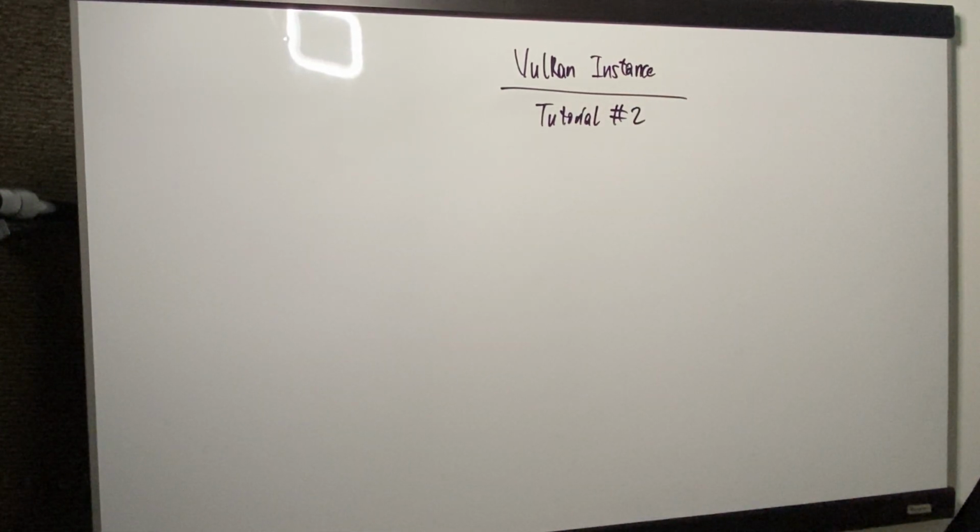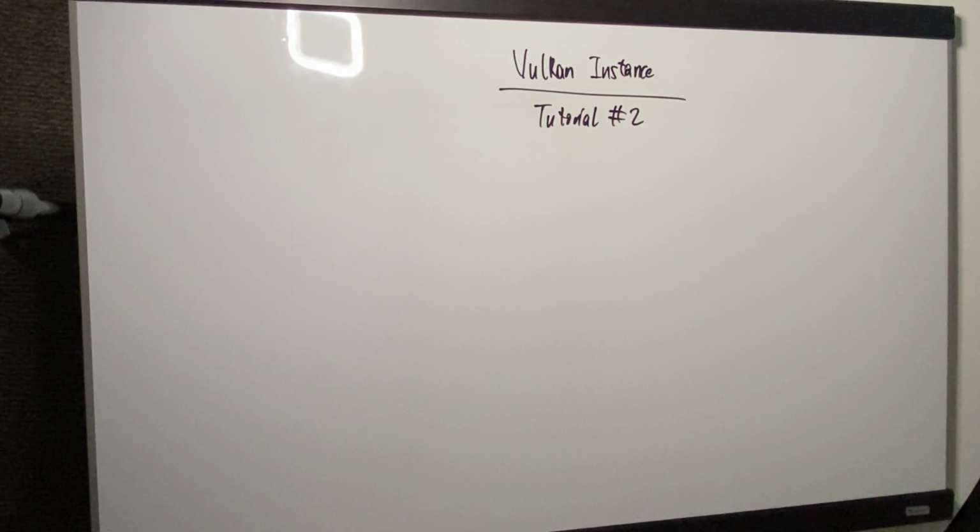I will include a link in the description below for tutorial number 2, which is a detailed video walkthrough of the Vulkan instance and creating it and what it does and why we need to do it and all that stuff. Here is just a pretty basic overview, but we actually go into source code in Visual Studio, and dive into actually getting our hands dirty with the Vulkan instance and all that stuff.